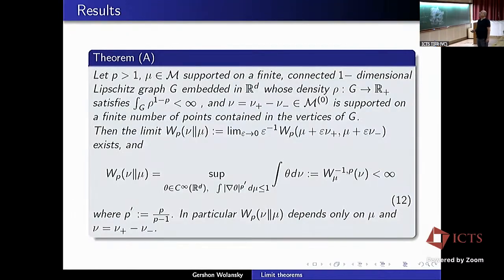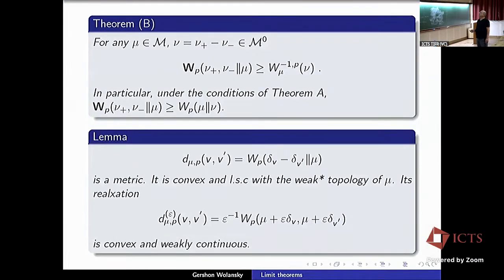But if I use the minimum with respect to all probability measures, then I can define this distance, right? I can define this distance for a measure mu, a distance which depends on the measure mu. It's a convex function of mu.